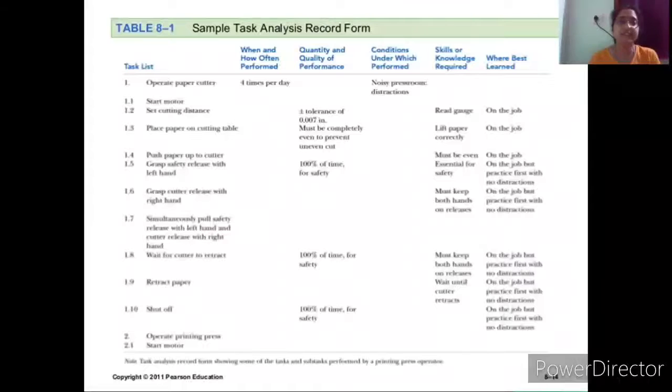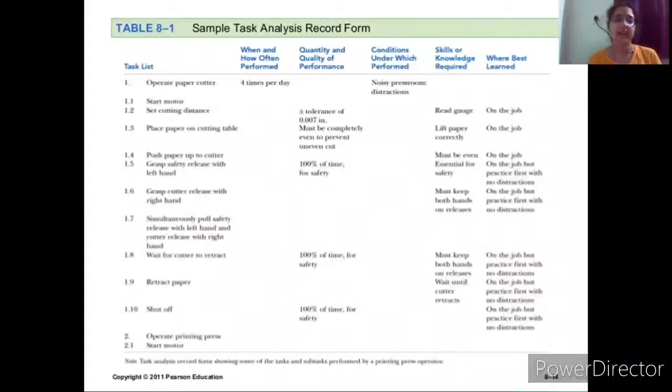The tasks are: they will have to start the motor of the printing press, then operate the paper cutter and set a certain cutting distance so that all the papers are of equal size. Then place the paper on the cutting table, push the paper up to the cutter, and there are several other tasks which follow.